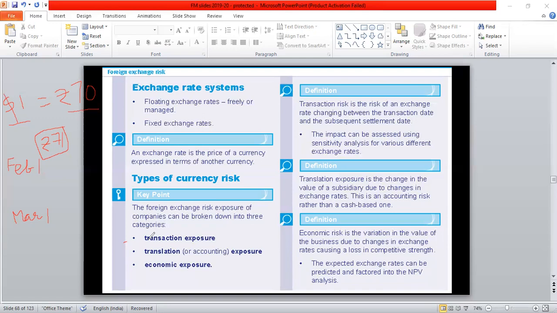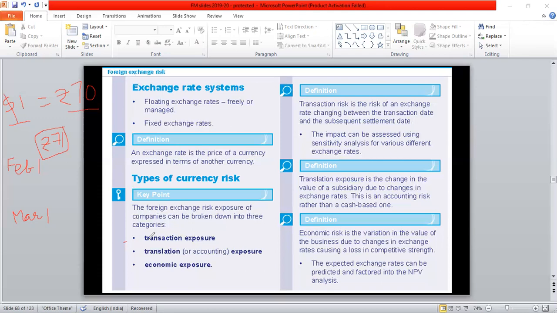So in future, if you are expecting the $1 value to be at 70, but it can rise up to 74, in that case you are seeing a variation. When there is a variation in the expected value along with its probability, it is called risk. That is the meaning of risk.